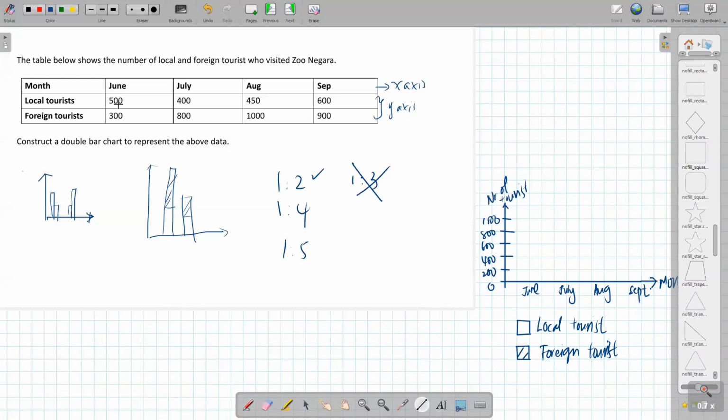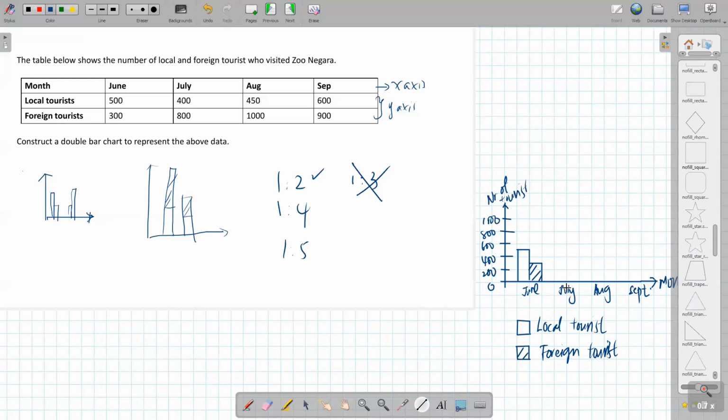For June, local tourists is 500, so we put the 500 in between this. Whereas for foreign tourists, 300. We draw side by side. For foreign tourists, we have shading, so we shade it.